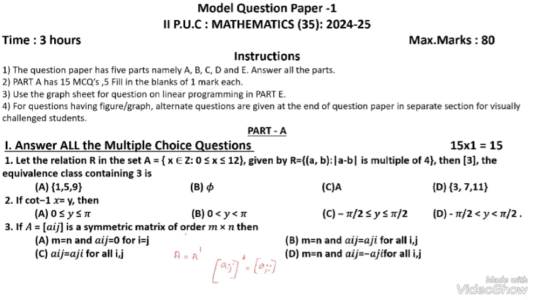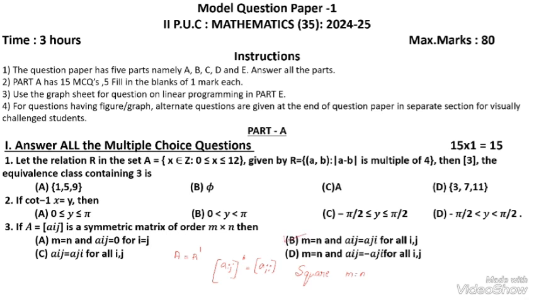Here Aij equals Aji. For a symmetric matrix of order m cross n, the symmetric matrix must be a square matrix. It means m equals n. The order must be equal. Therefore, the first condition of a symmetric matrix is that the order is equal, then the elements Aij equal Aji.